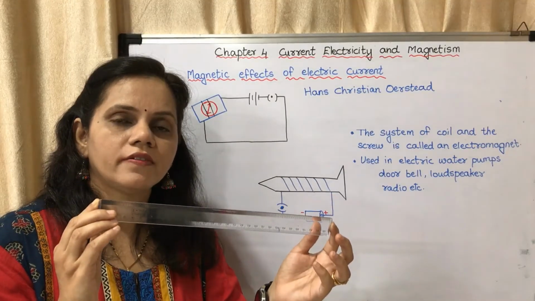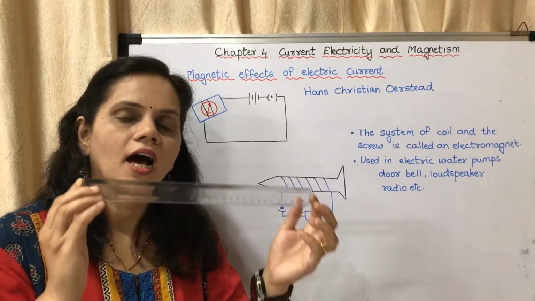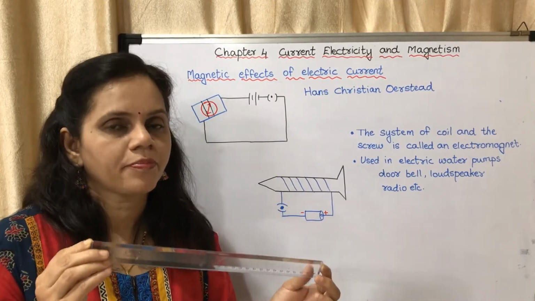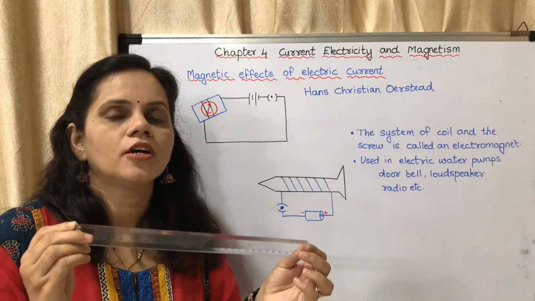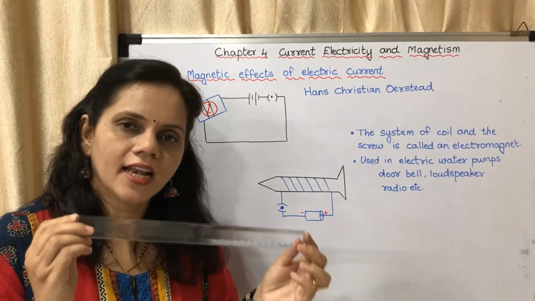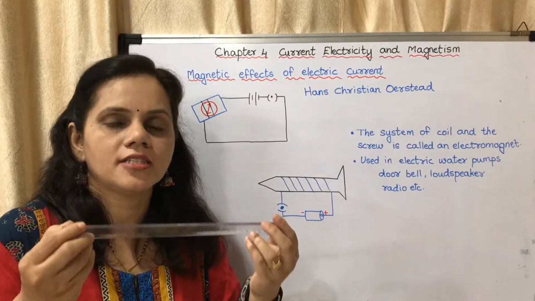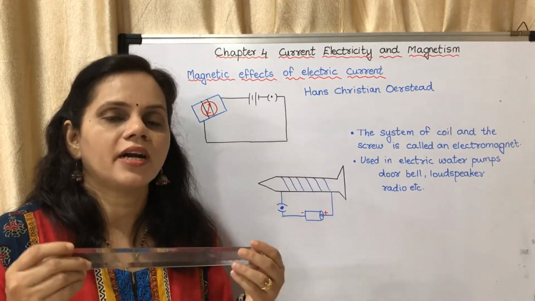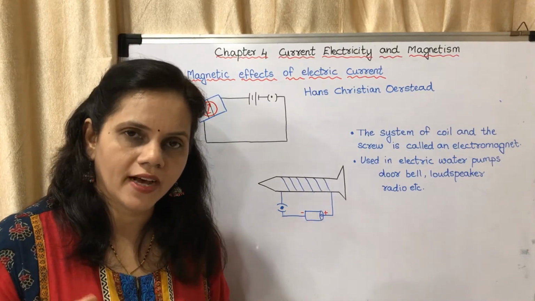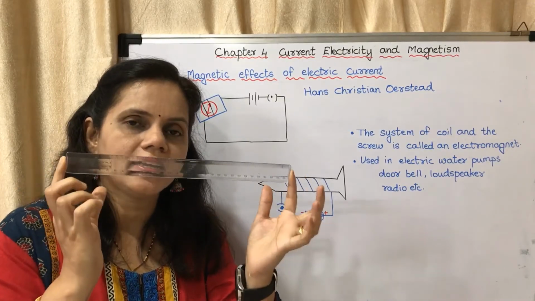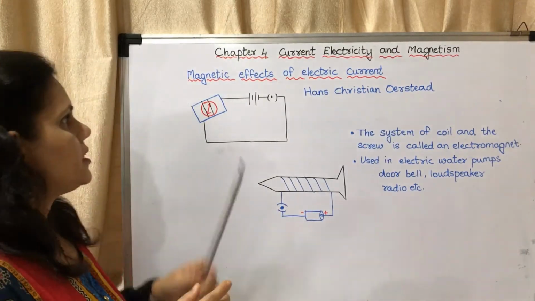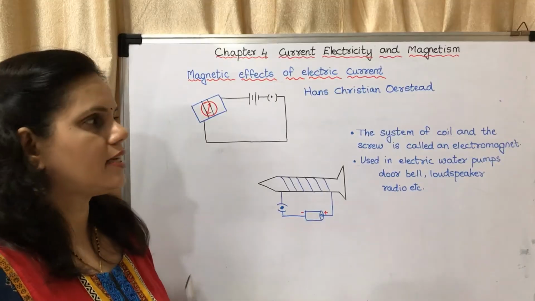Okay, all of the wires in our houses also have a magnetic effect when the current is flowing, but we cannot feel it because it is very less. We cannot see the effect. But we have to understand that when the current flows through the wire, the wire can act as a magnet. Okay, that is magnetic effect of electric current.